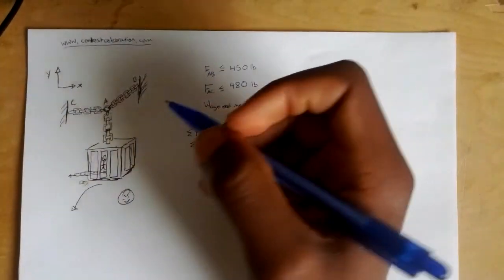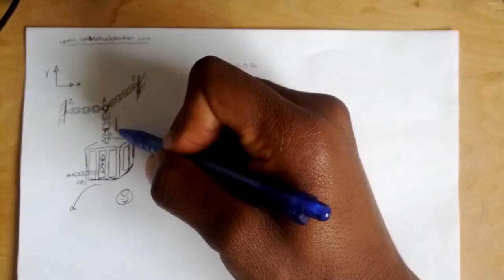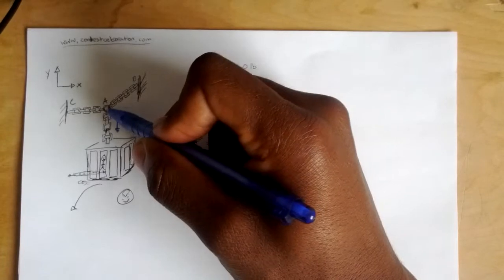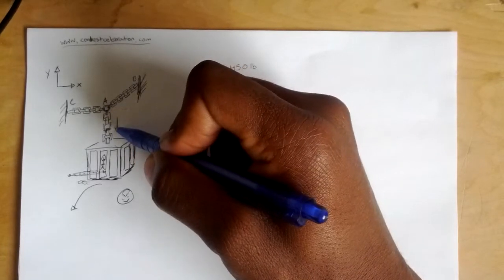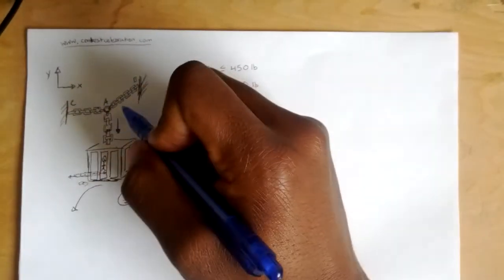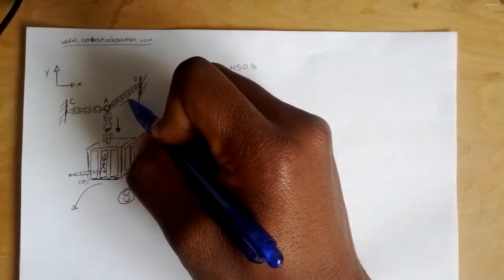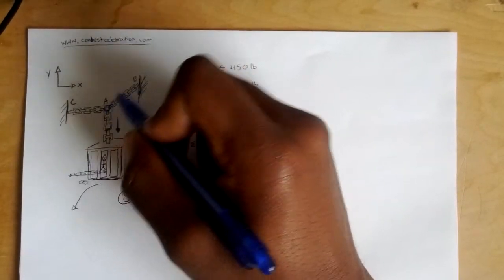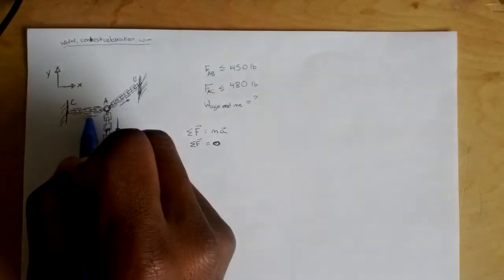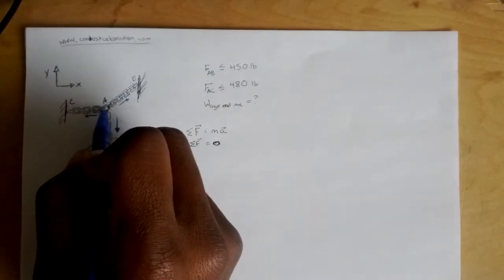Now, what you can see here, you want to draw a free body diagram. So you know that you have weight pulling down on this ring, pulling down on that metal ring. You have a force pulling in this direction from this chain AB, it's in tension, and a force going in this direction from chain AC.